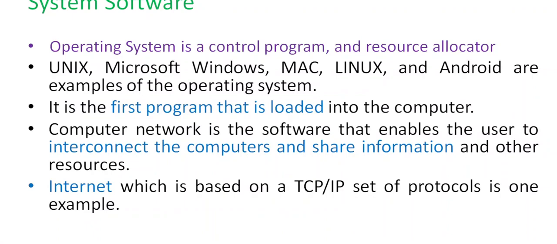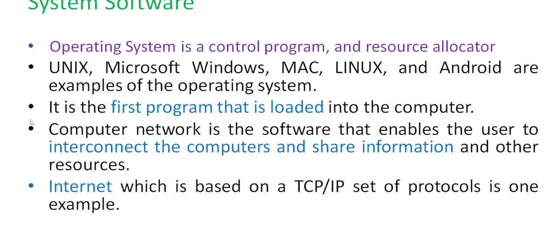They are all examples of operating systems. It is the first program that is actually loaded into the computer. Whenever you switch on your computer, it is the operating system which gets loaded. Without loading the operating system, you cannot do anything.